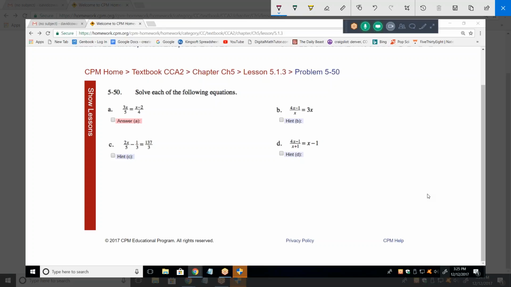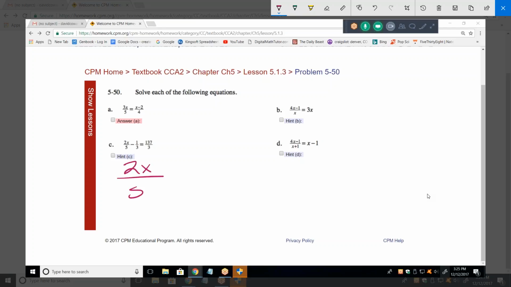So multiply by 1/3? No, you don't multiply. That third is being subtracted right now. You always do the opposite. You add. Yep. Okay. So it gets rid of it from the left side.